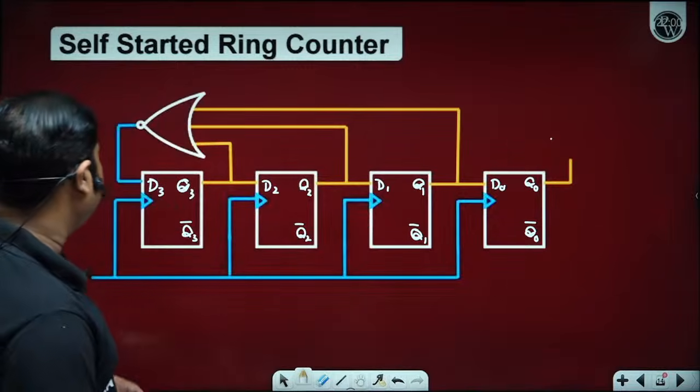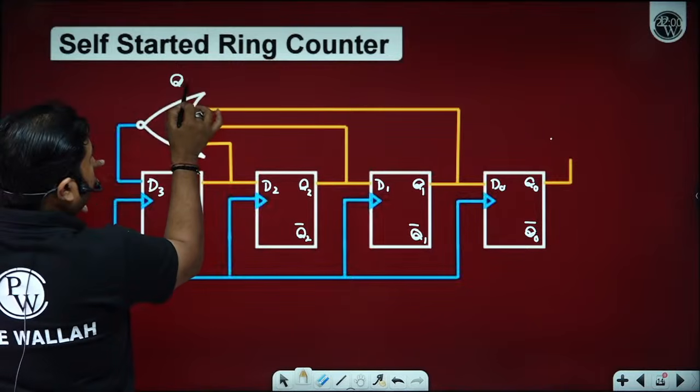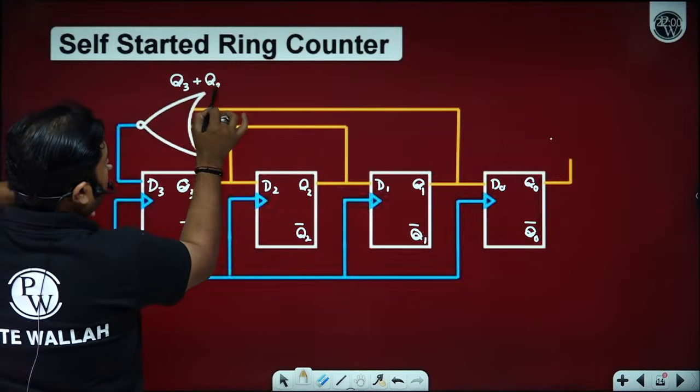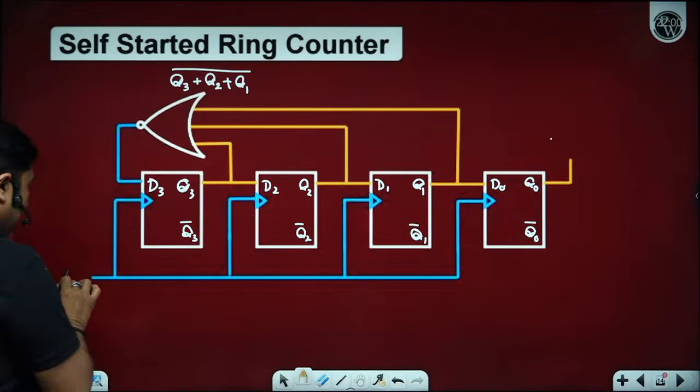Now if you observe, we have an XNOR operation of Q3, Q2 and Q1 complement. Is it okay? Yes, sir.